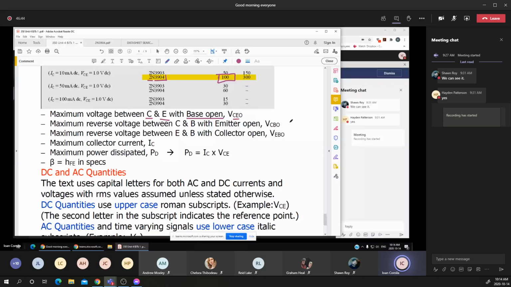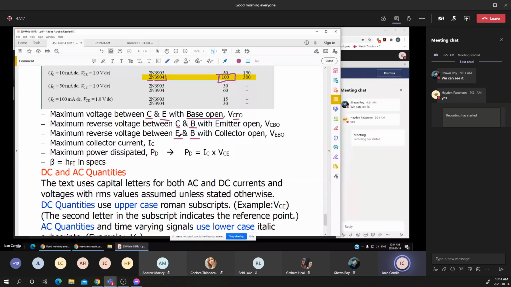The other parameter that we may be interested in is the voltage between the collector and the base with the emitter open. That's the maximum reverse voltage that can be applied between the base and the collector. The other voltage is between the emitter and the base. You notice that it is not the base emitter, which we discussed has to be forward biased, usually 0.7 and so on.